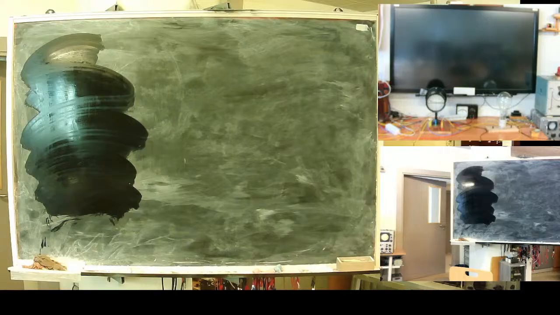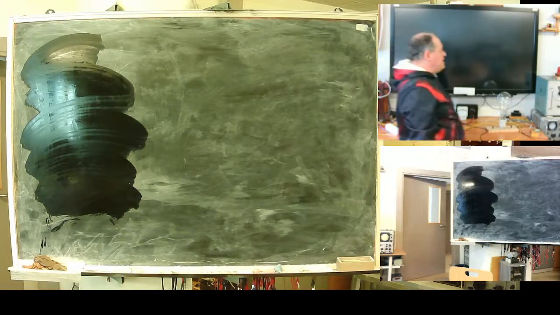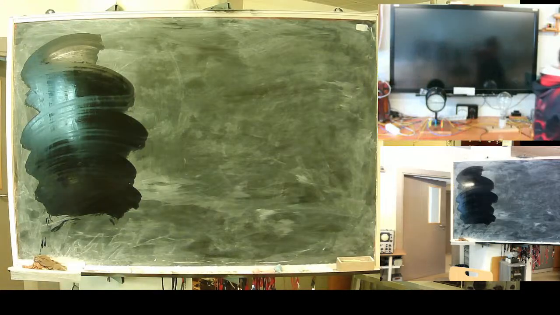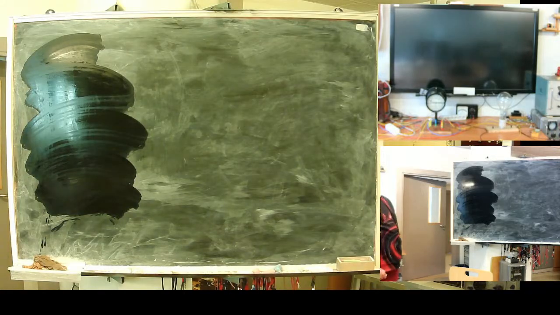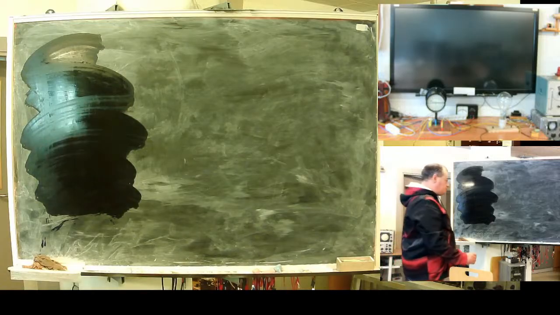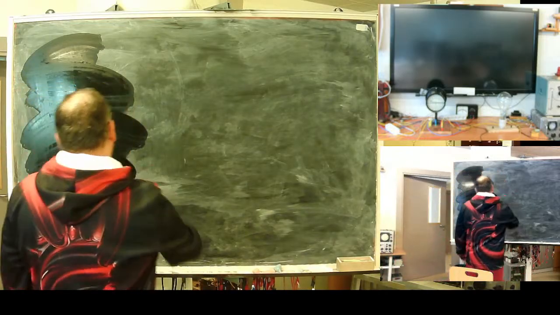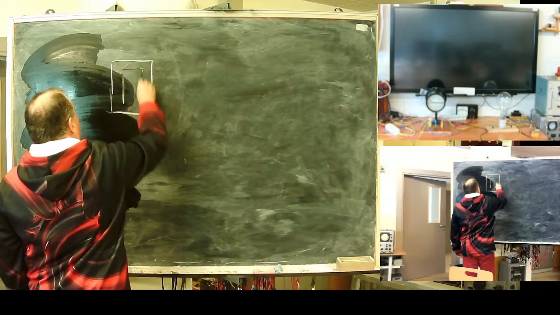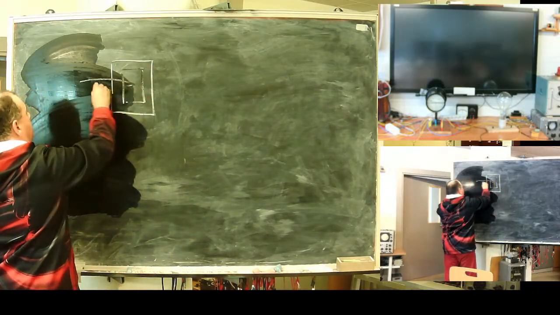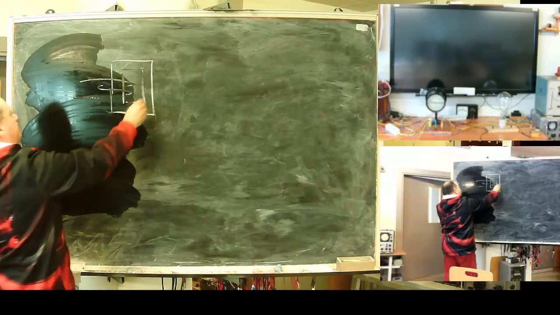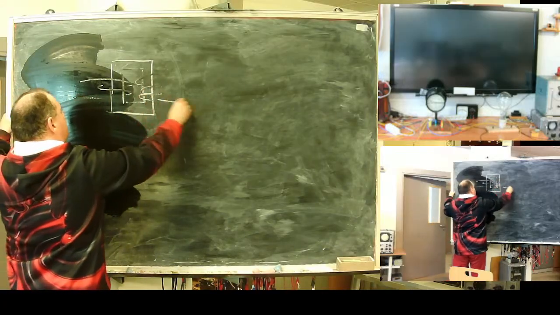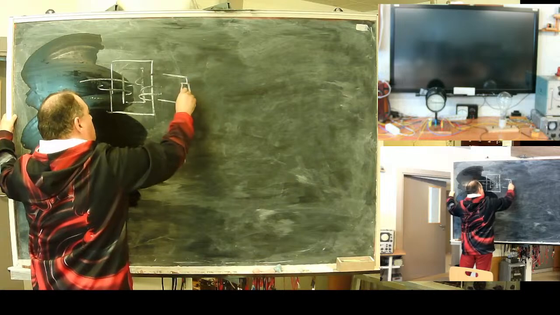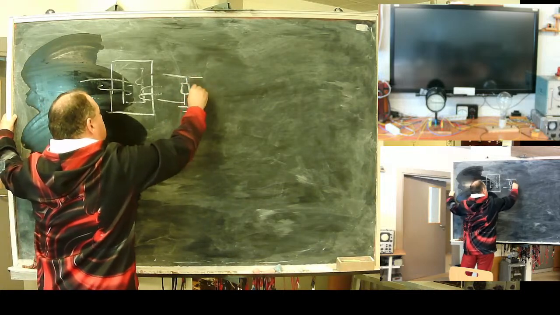So at the very start, the easiest approach is with transformers. We can use a simple steel core with a resistance.